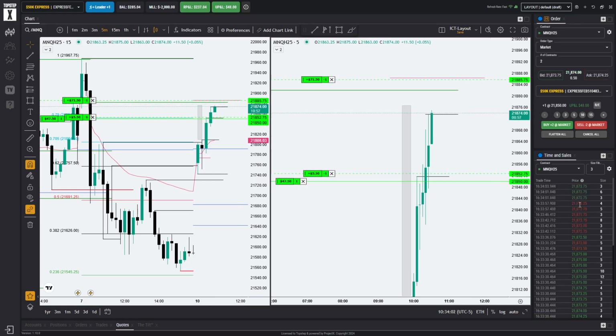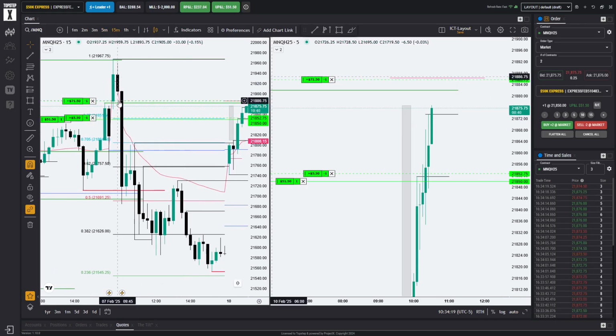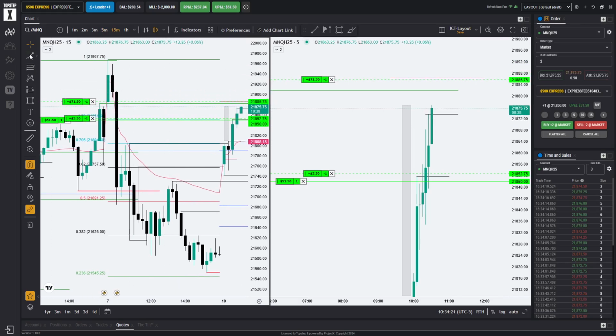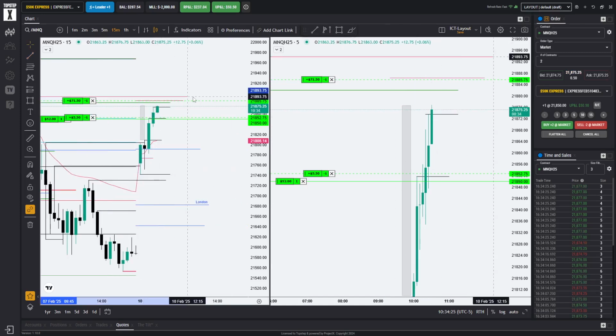See how they sold. 73. I was one of them. Here is trap liquidity as well, which I do not want.